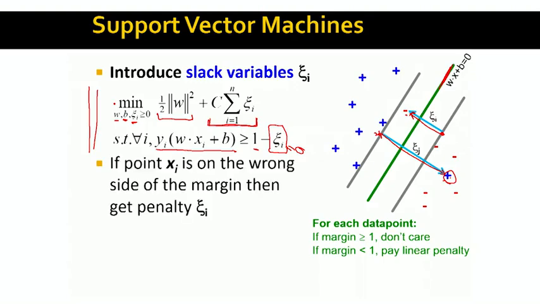If we take a data point xi and it is on the wrong side of the classification margin, then we incur some penalty for misclassifying it. This optimization that we have set up so far is called the SVM with soft constraints. Why soft constraints? Because now we can also allow for misclassifications.